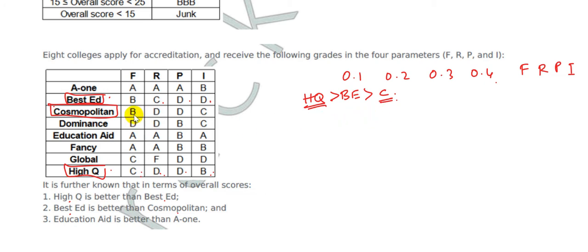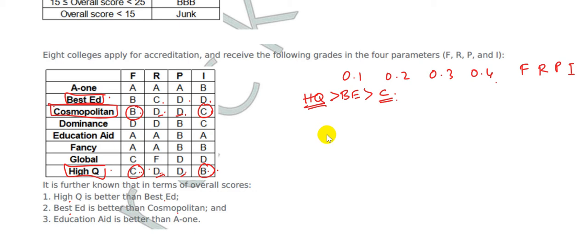Between Cosmopolitan and High Q, this is BC, DD, DD and CB. So these two scores are the same for both, right? So there is no difference, whatever the weightage. So the difference comes here, BC and CB, and High Q is better.